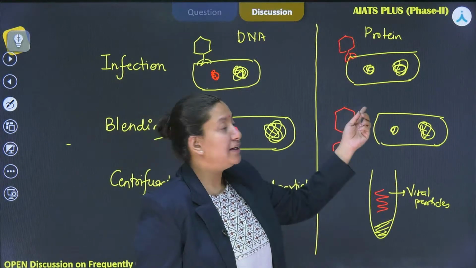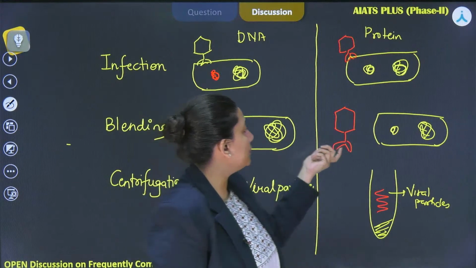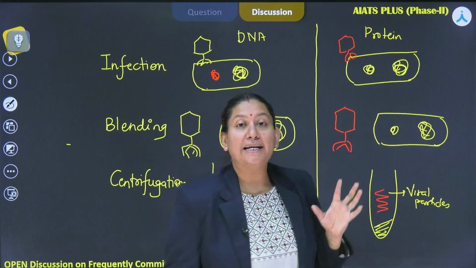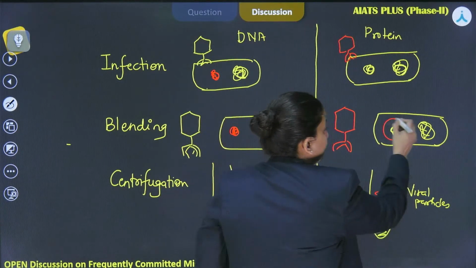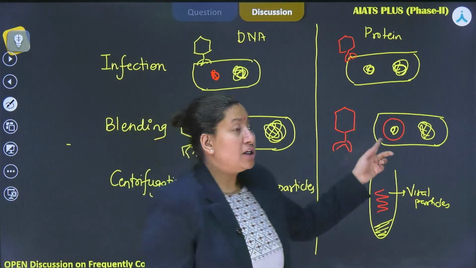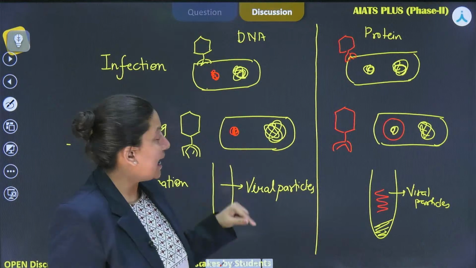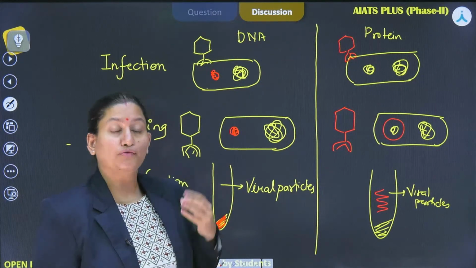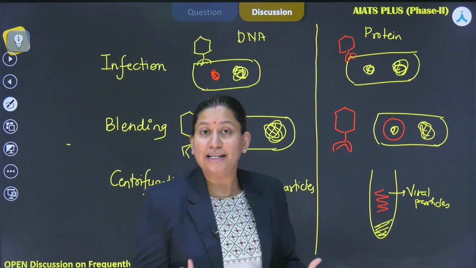So, we know after the infection, this viral capsid is going to be a separate molecule, right, and the entire new viral particles are going to be made with this particular DNA, the normal DNA. Because a virus is a parasite, it's going to use the machinery of the host cell, and in order to direct the synthesis of its viral capsid, it is going to utilize this DNA, which is entirely normal.